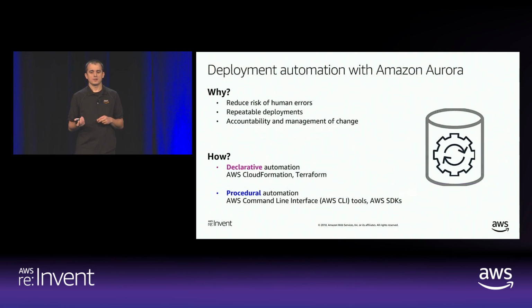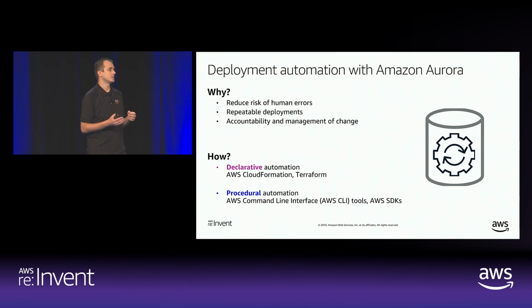But what about automation and deployment? Now, a lot of you are using automation today for various parts of your applications. Typically, we rarely encounter customers that go into the console endpoint and manually click to spin up production clusters, right? And the reason for that is relatively simple. You want to reduce the risk of human errors.